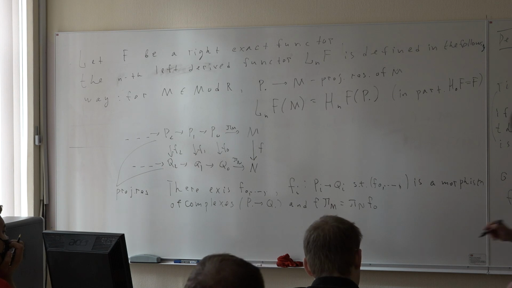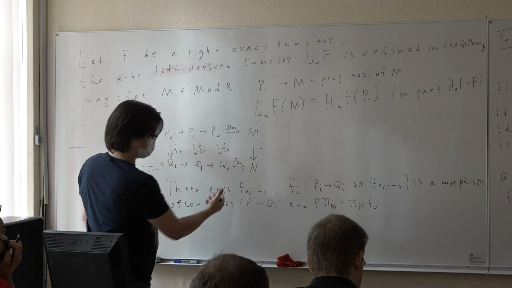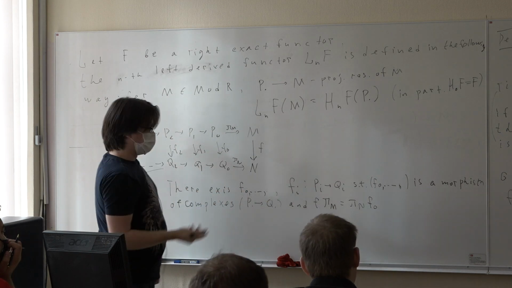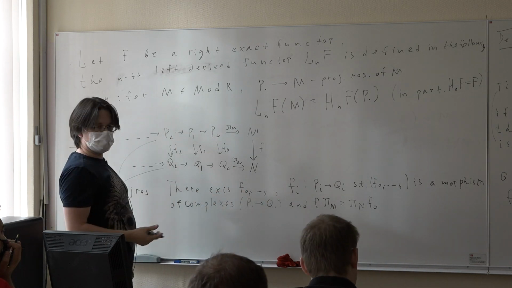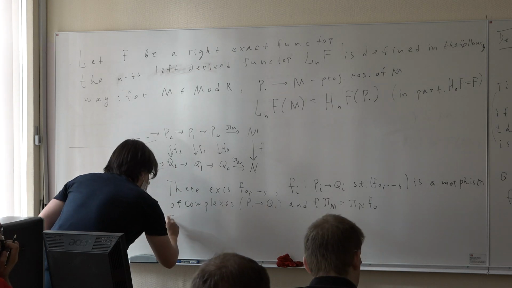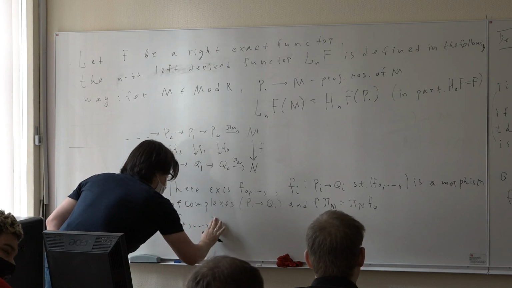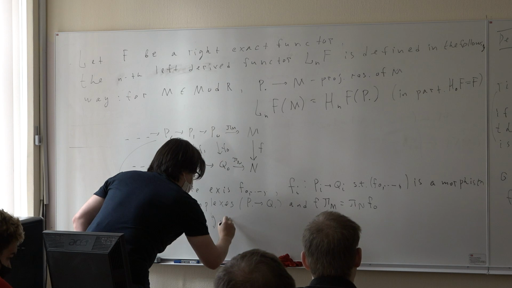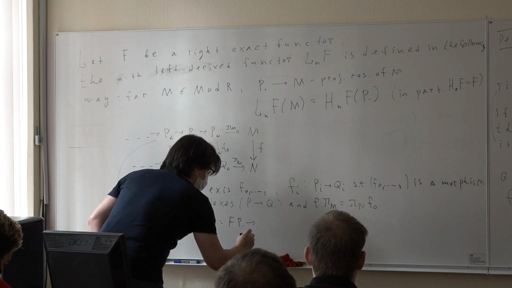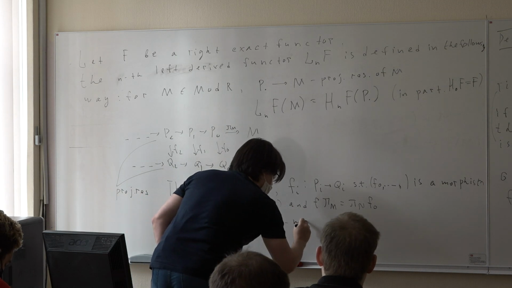And we simply define, since it's a morphism of complexes, after applying f, it is still a morphism of complexes. So f of f0, f of f1, and so on, from f P dot to f Q dot is still a morphism of complexes.